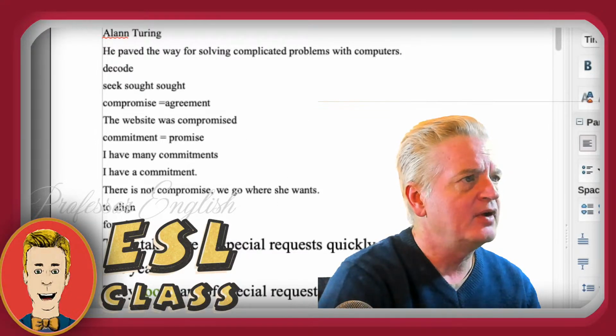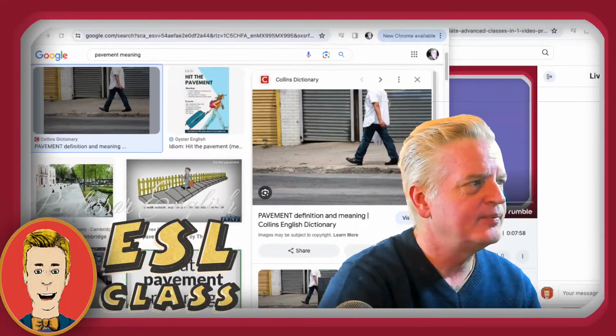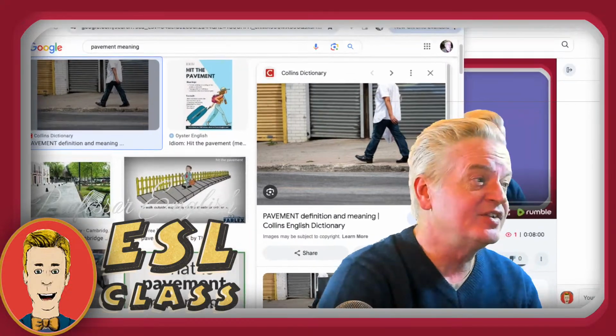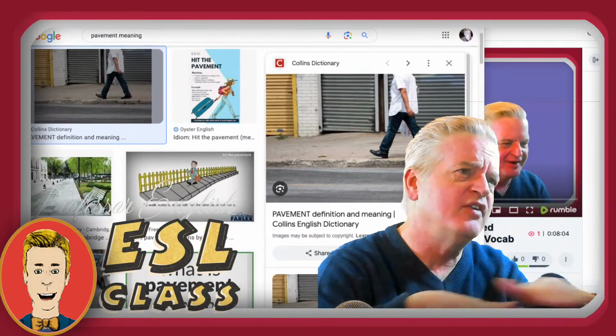So a lot of times it could be a synonym actually for sidewalk. Pavement really is just the sidewalk or the street, but it's really the material covering it.